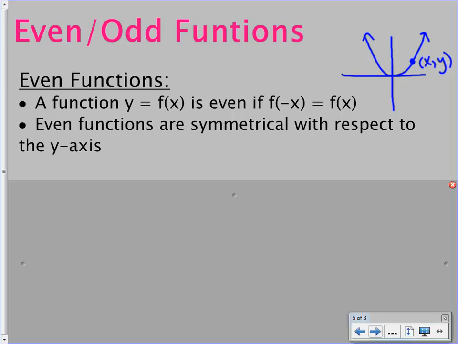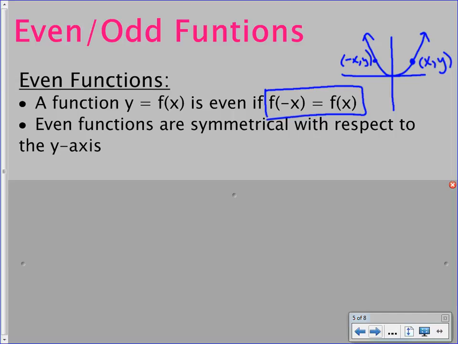Let's keep it in terms of x and y. If I have (x, y) and I reflect it about the y-axis, over here, it is what coordinate? Negative x, y. So x and negative x have the same y value, which is why x, when you plug it into the function, should get you the same thing as when negative x gets plugged into the function.